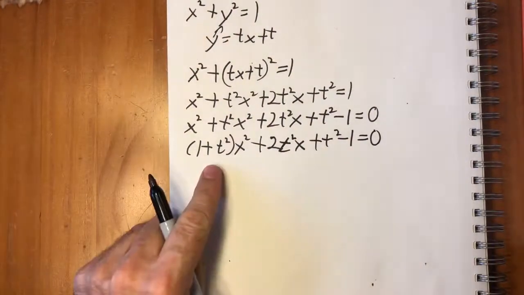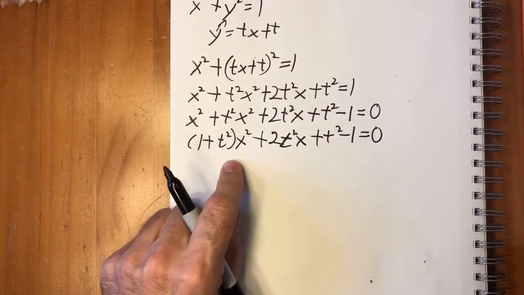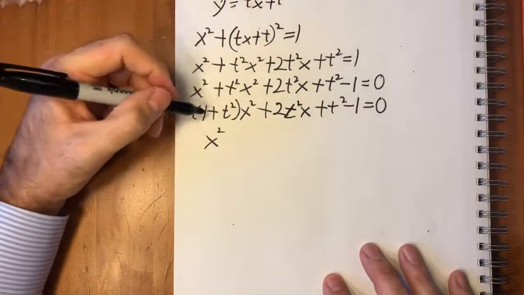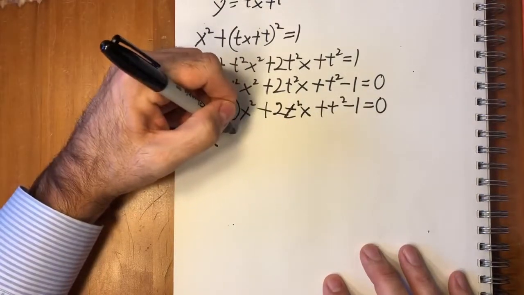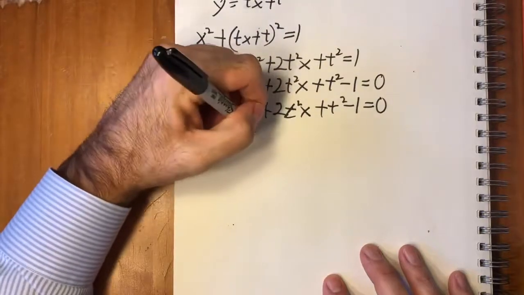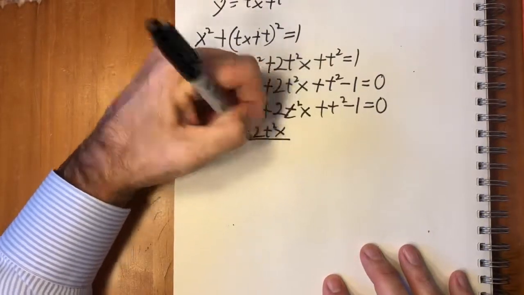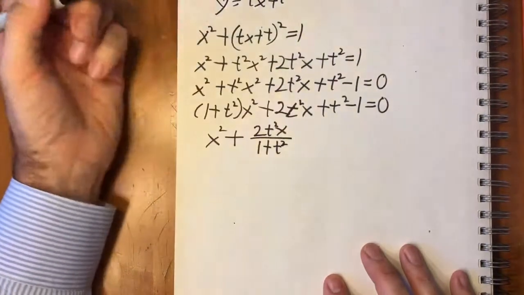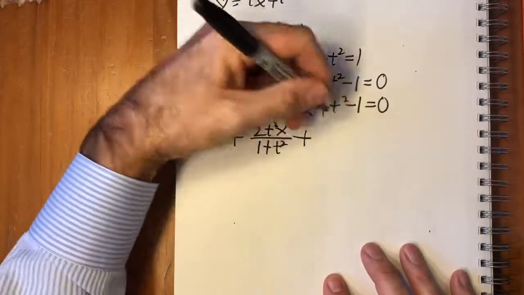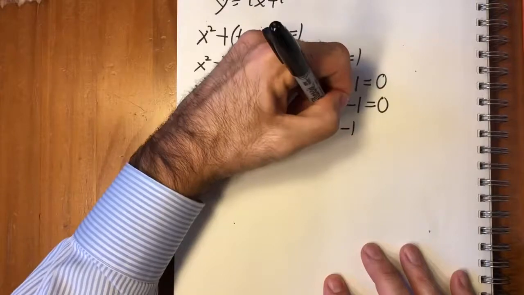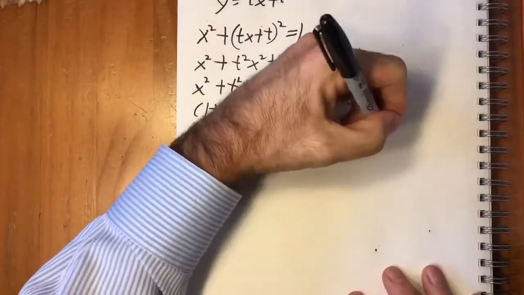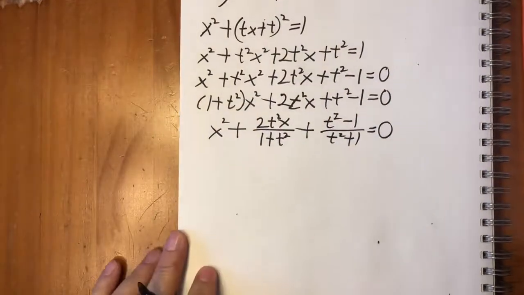So now it's just a 1 in front of the x squared, so we'll divide through by 1 plus t squared. So we have x squared plus 2t squared x over 1 plus t squared plus t squared minus 1 over t squared plus 1, whatever, the same thing, equals 0.